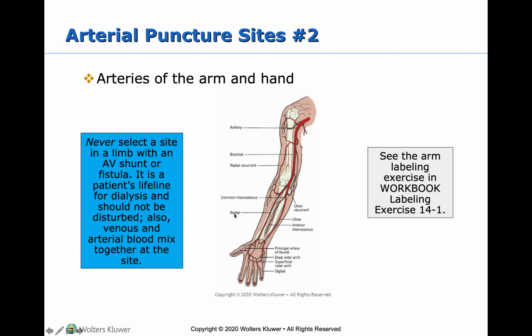So here's your radial artery. It's on the thumb side. Your ulnar artery is on the pinky side. So your radius and radial artery go together, and your ulna and ulnar artery go together. And then your brachial artery is up here.